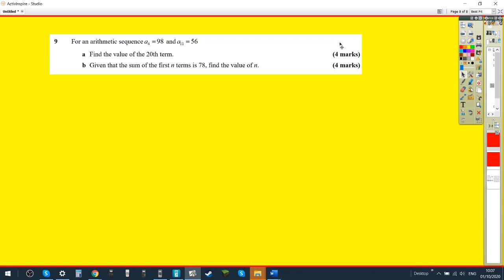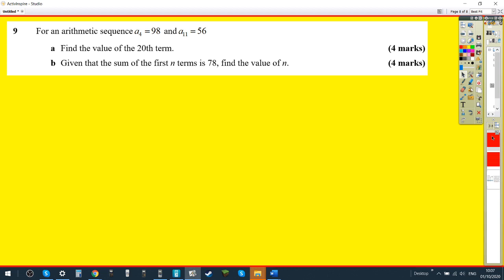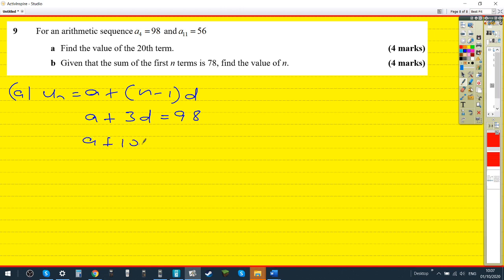And if I do a plus 3d equals 98, and a plus 10d equals 56. Well, a is 116 and d is minus 6.